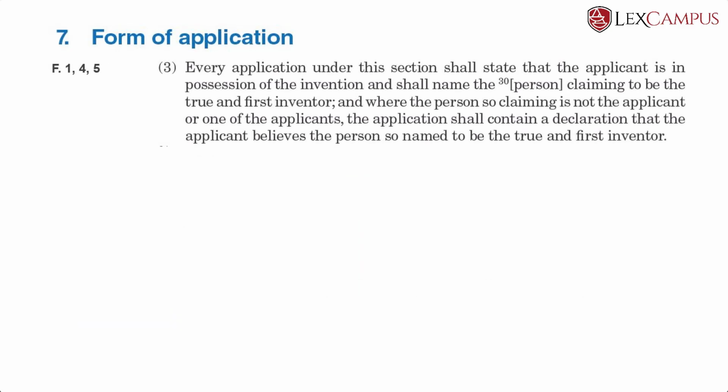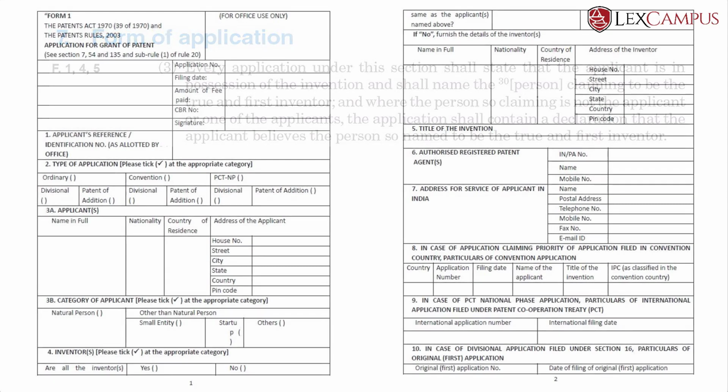Subsection 3 states that every application under this section shall state that the applicant is in possession of the invention and shall name the person claiming to be the true and first inventor, and where the person so claiming is not the applicant or one of the applicants, the application shall contain the declaration that the applicant believes the person so named to be the true and first inventor. All these details you can find in Form 1.